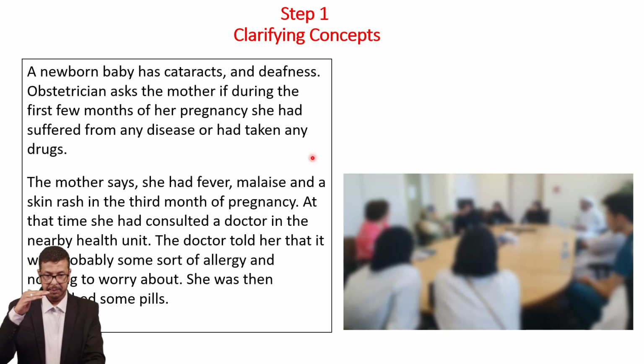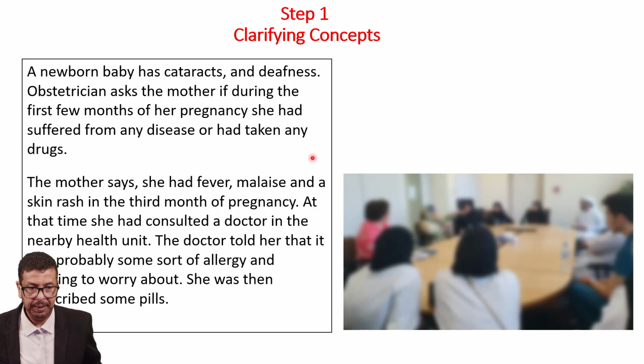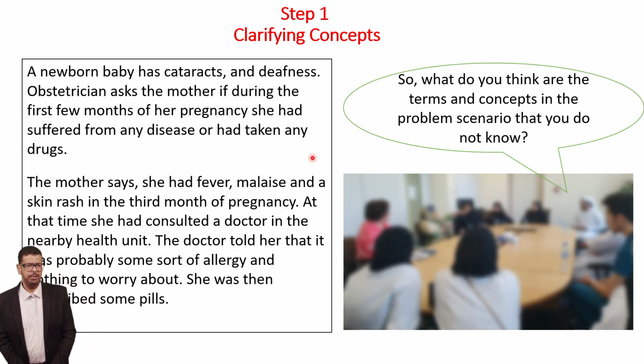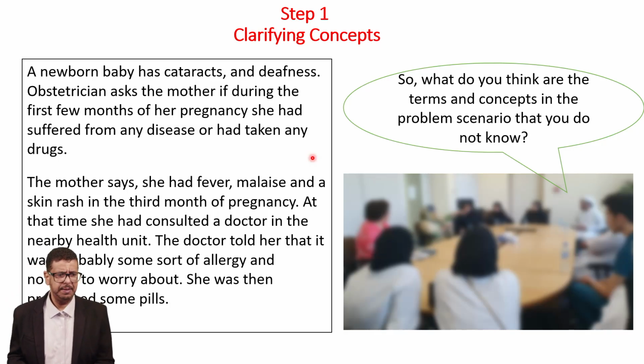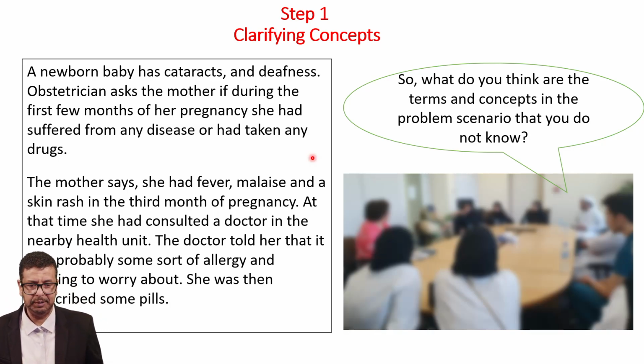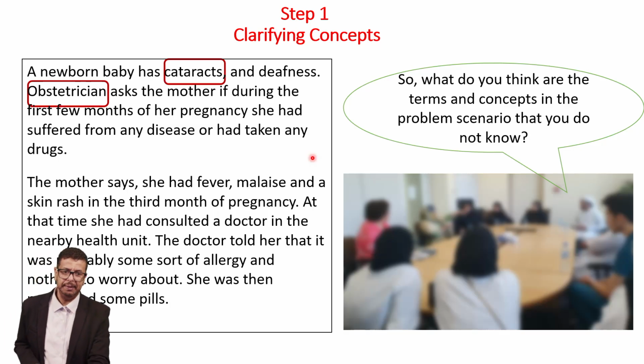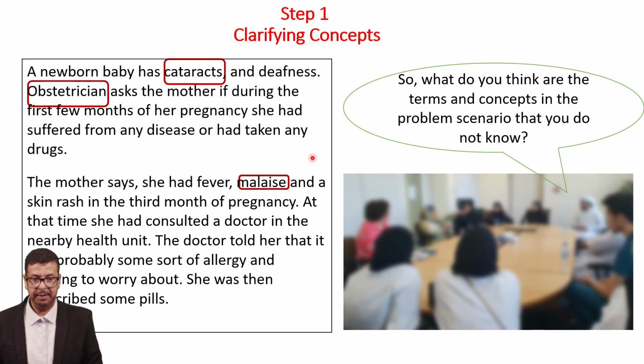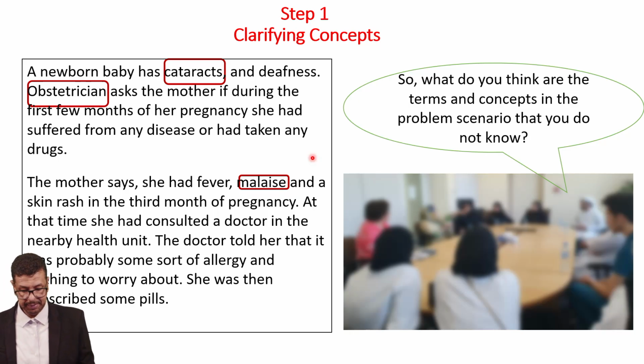So we receive a case scenario like this. And as a student, you will ask, what are the terms that are difficult? The first step is to clarify the concepts and identify the difficult terms. Maybe as undergraduate medical students in the first year of the program, you identify this as a difficult term. So you highlight the difficult term.